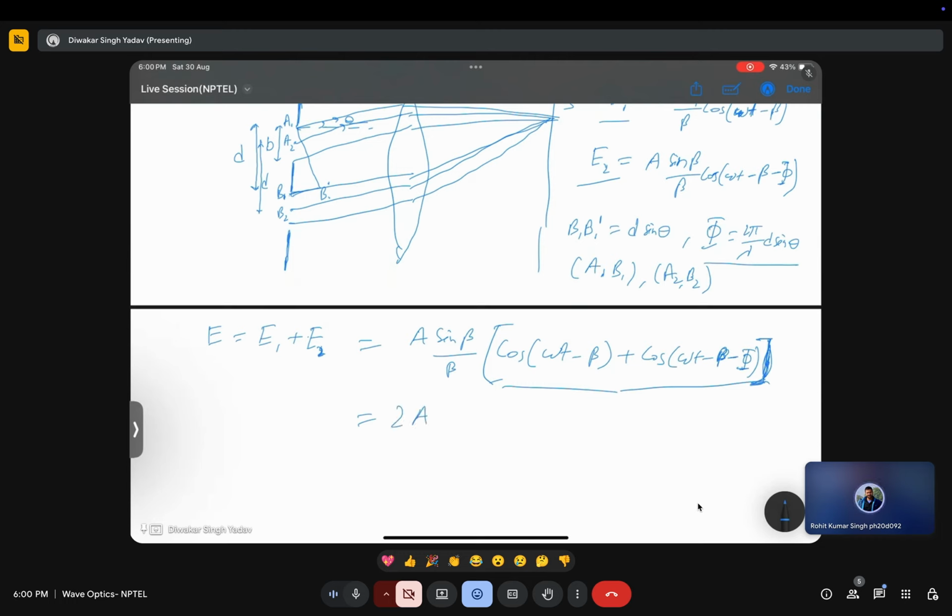It will give you 2a sine beta by beta cos gamma. I'll tell you what gamma is. And then you have cos omega t minus half beta minus half phi. Here basically gamma is phi by 2, not phi 1. There is no phi 1.